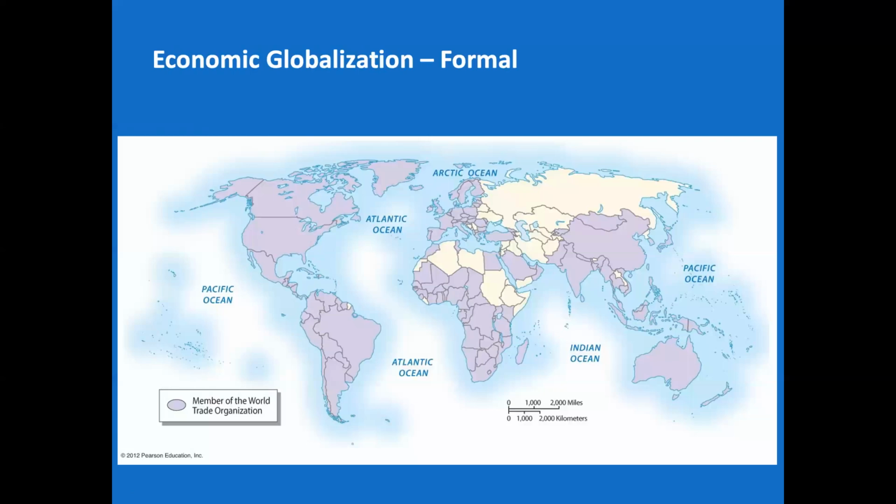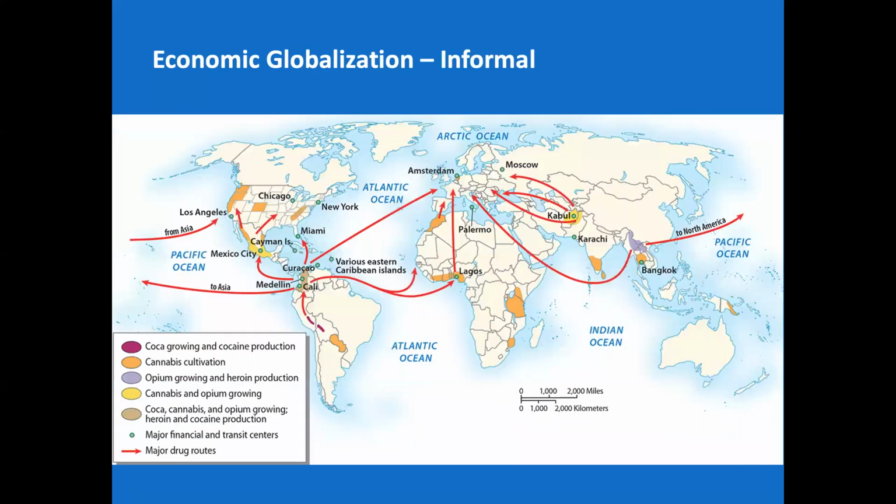The idea of formal and informal globalization. Whether you're a member of a trade organization or not is formal because it's defined by a country's boundary. Informal could be the flow of cocaine or drugs or pot or other illicitly grown drugs out there.